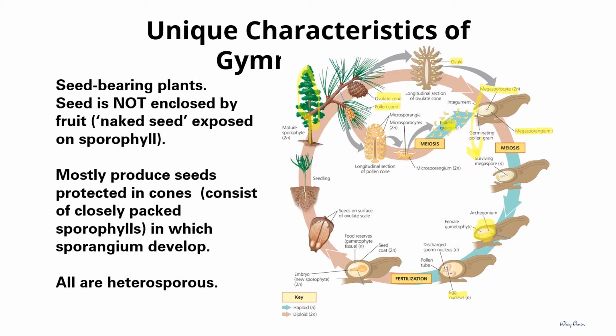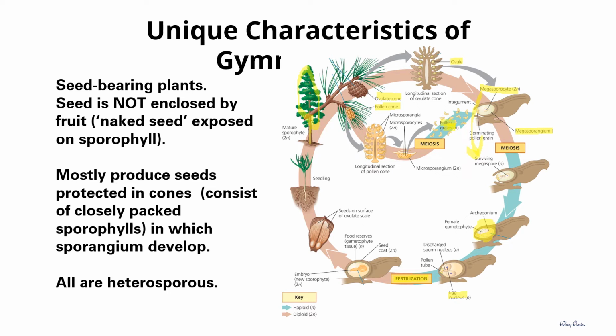The sperm will be released into the archegonium through the formation of the pollen tube, and the fusion of these two nuclei is called fertilization, and a diploid embryo is formed within the archegonium. This embryo is protected within the seed. When the seeds are dispersed from the tree, they will land on the soil and germinate into a seedling, which is the young sporophyte. And the young sporophyte will develop into the next stage to become a mature sporophyte.